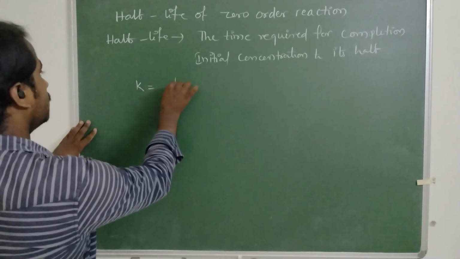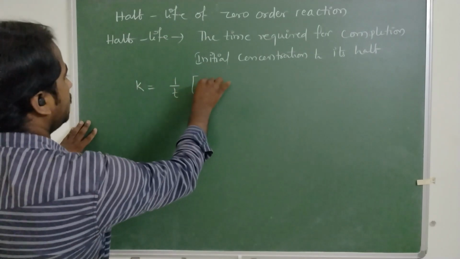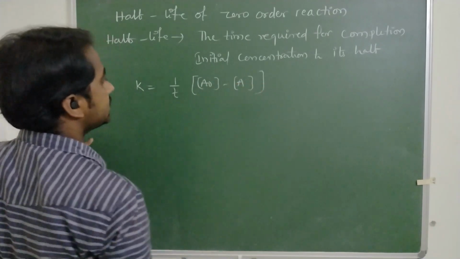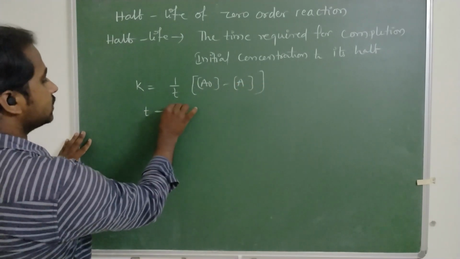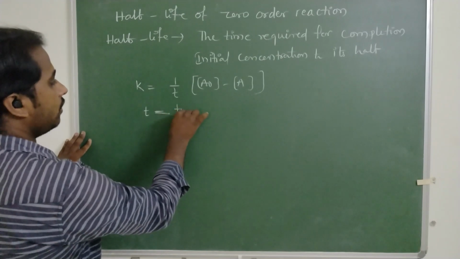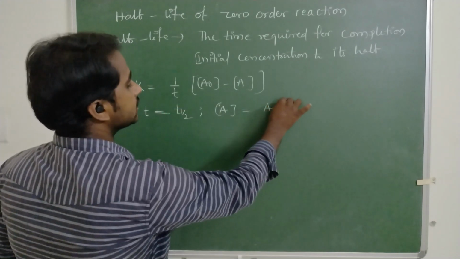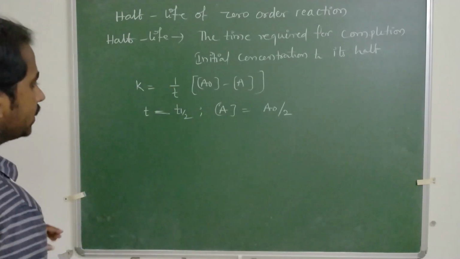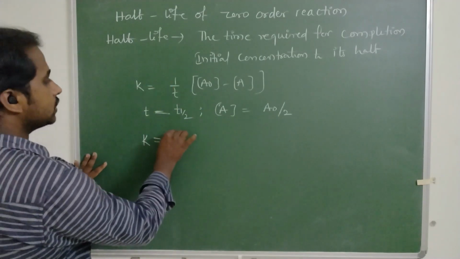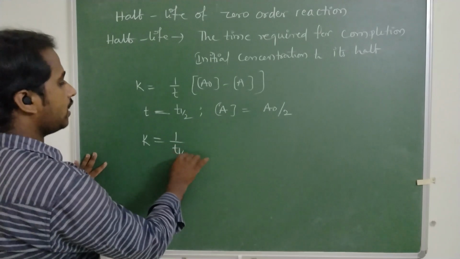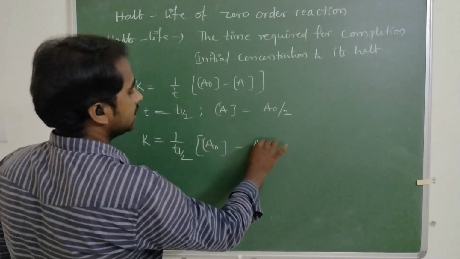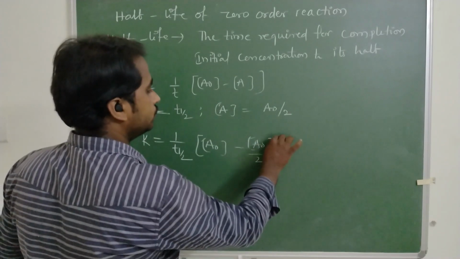K is equal to 1 by t into A naught minus A. When t is equal to t half, A becomes initial concentration by 2. So substitute these in the above equation. K is equal to 1 by t half into A naught minus A naught by 2.